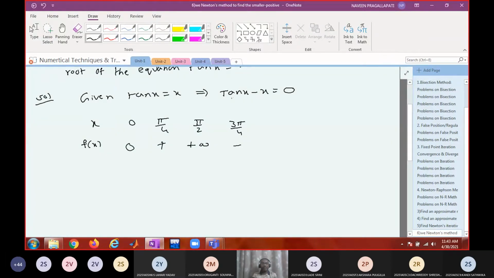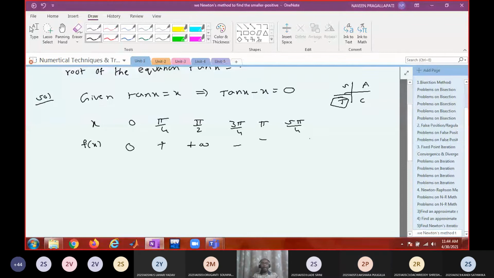Tan pi is 0, am I right? Yes. 0 minus pi, again negative. What about 5 pi by 4? Pi plus pi by 4. Negative.